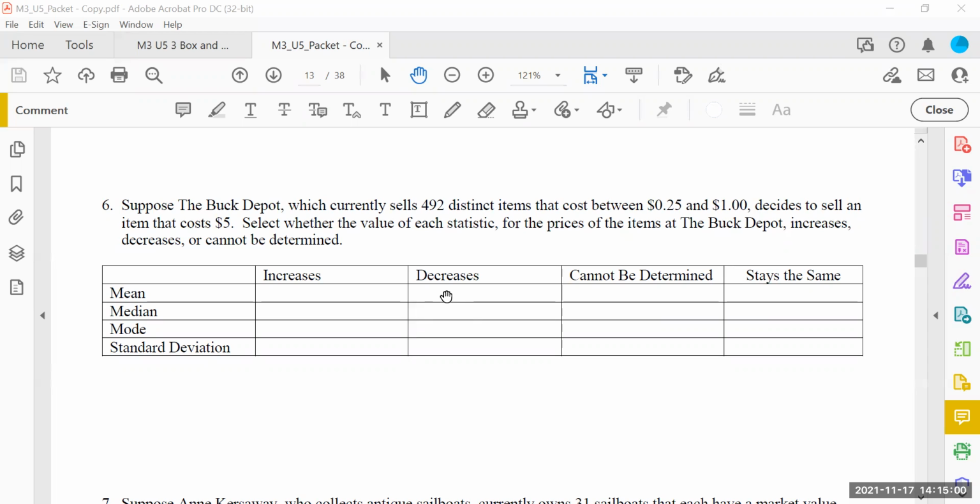If it's smaller than the average right now, it goes down. But I don't know what the average is. But the average has to be between 0.25 and 1, right? There's no way for the average to be bigger than 1. And that 5 is way bigger than the average right there. So when I add that in, the mean has to increase. There is no other option.